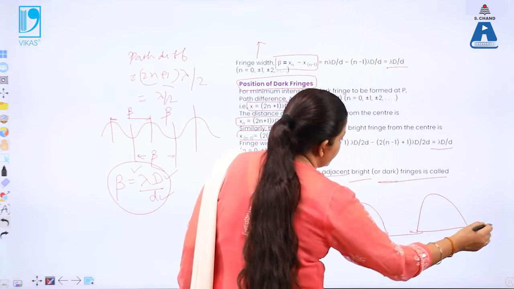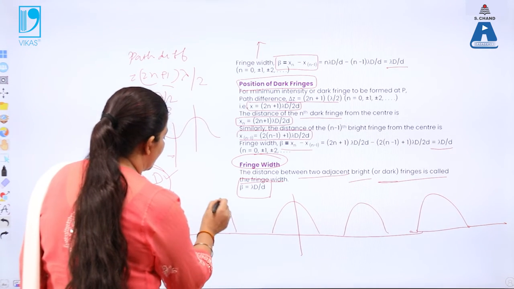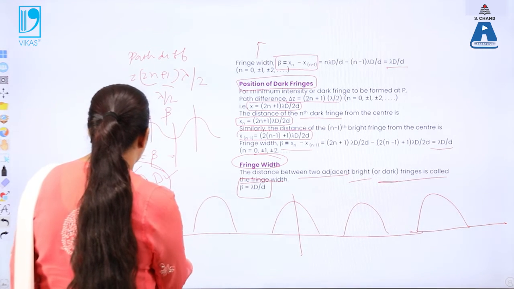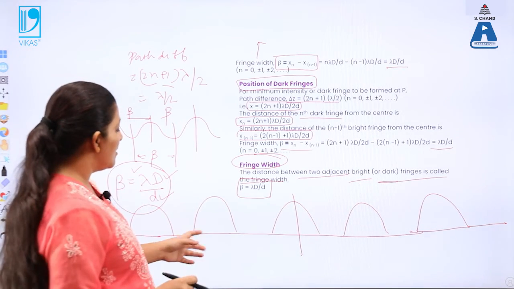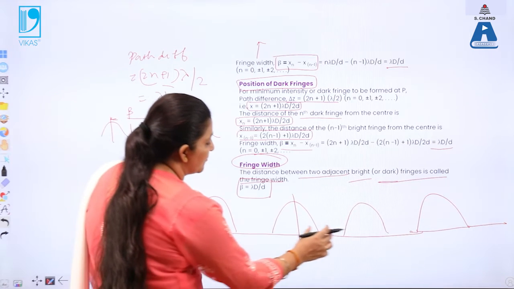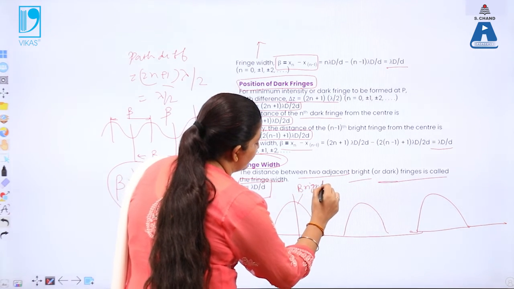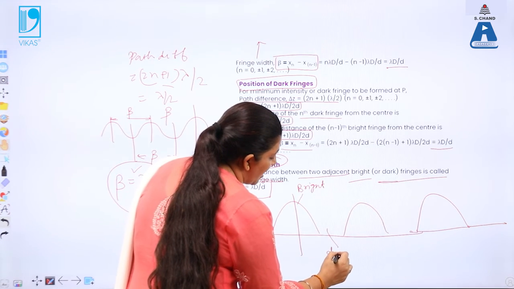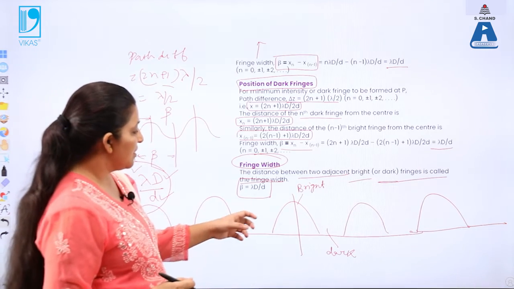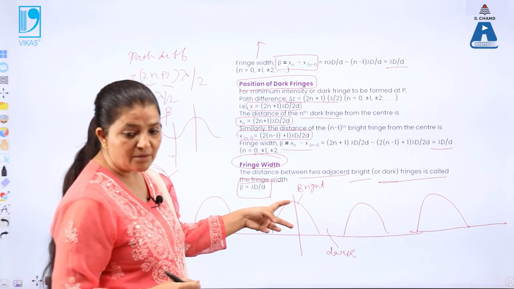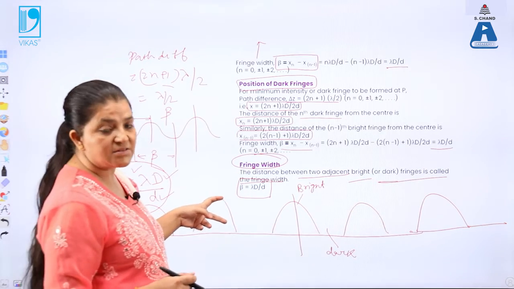On both sides of the screen maxima are formed, while these are the dark fringes over here. This is a bright fringe, or you can say the central fringe, and these are the dark fringe conditions. Now the main point is that the intensity of the central maxima and the maxima on both sides remains the same.